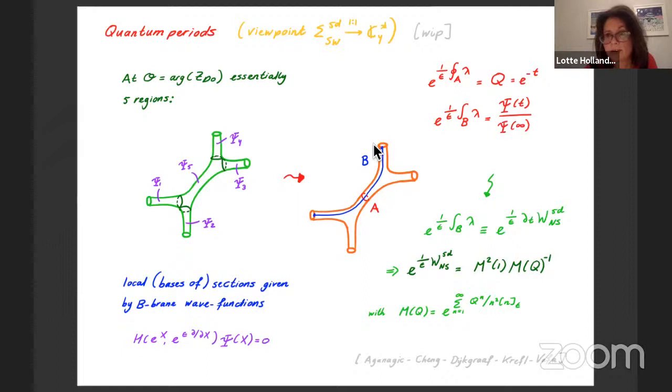That will be the natural definition of the B period in this case.